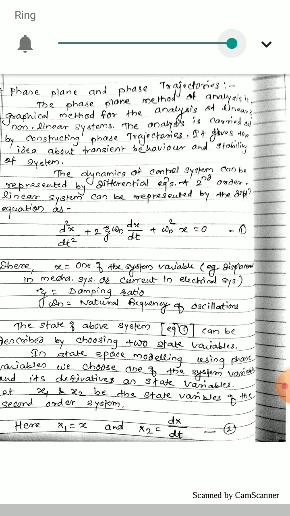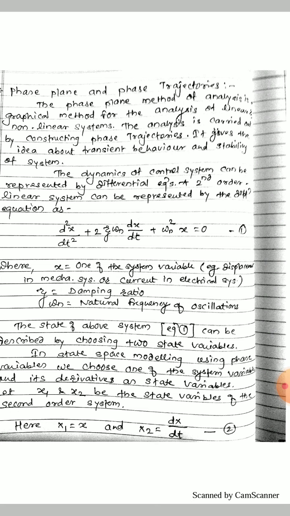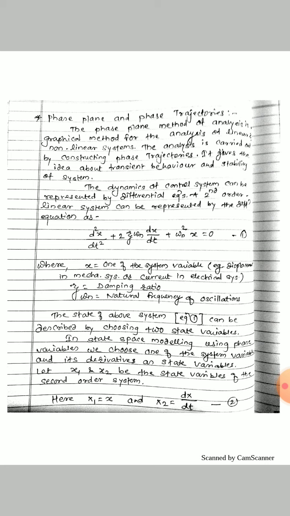So it gives the idea about the transient behavior and the stability of the system. The dynamics of control system can be represented by the differential equations.